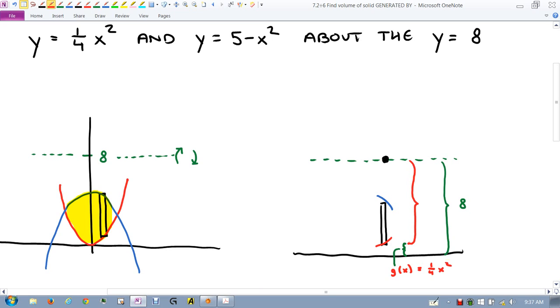Y'all see that? Distance from the x-axis to the red we know is 1/4 x squared. So the distance from the red all the way to my axis of rotation is the 8, take away that little piece. So I need to write that down in here. This is going to be 8 take away the 1/4 x squared. Are there any questions?